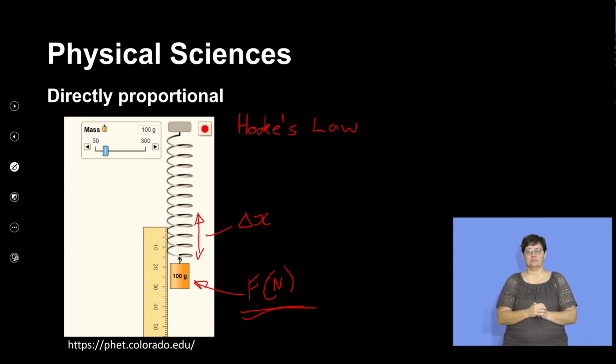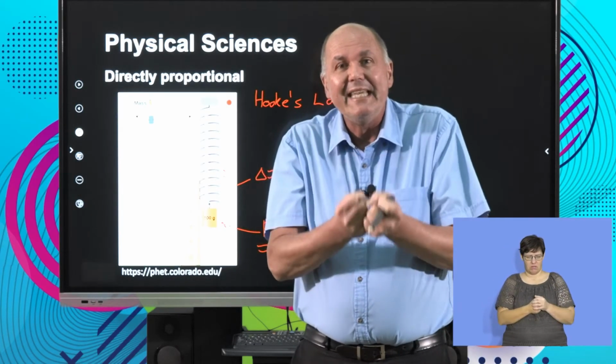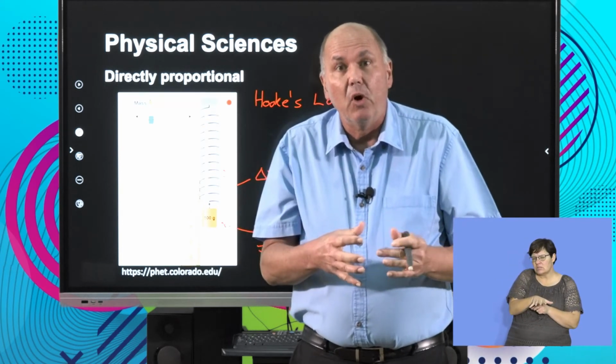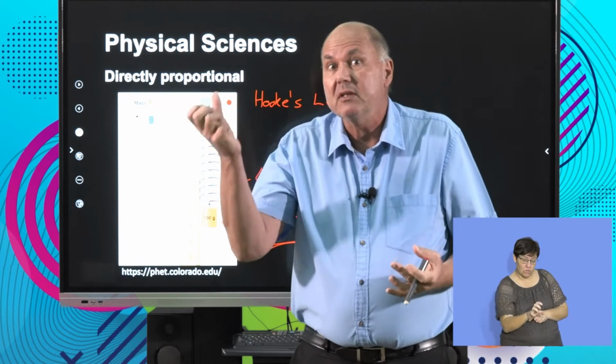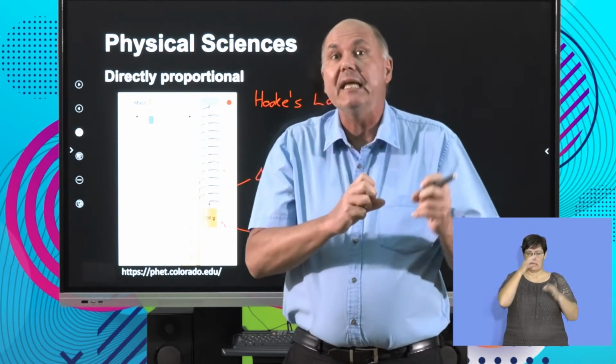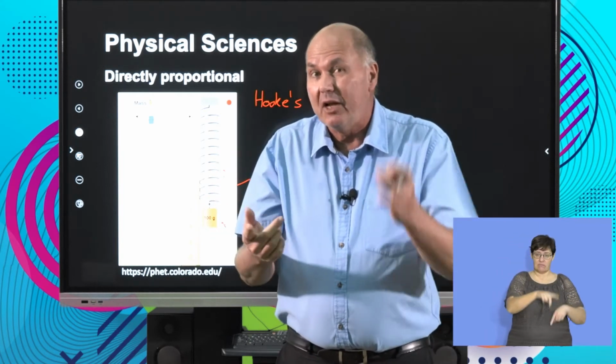Now, which one do you think James Hook was controlling? Which one did he have the influence over? Was it the force or was it the extension? Because you see, we need to decide which is the independent variable and which is the dependent variable. Can you make a decision?